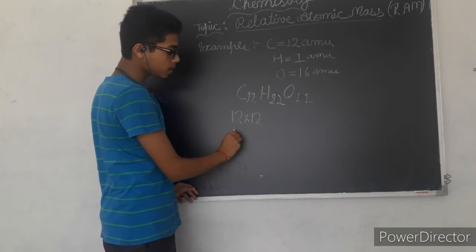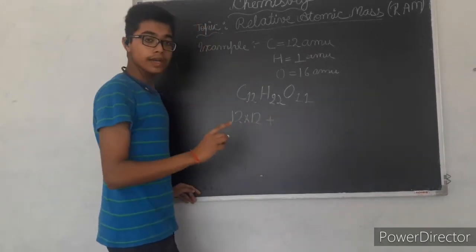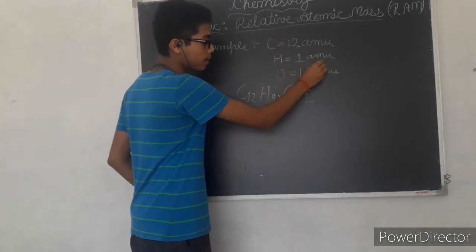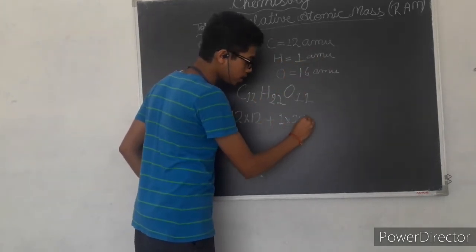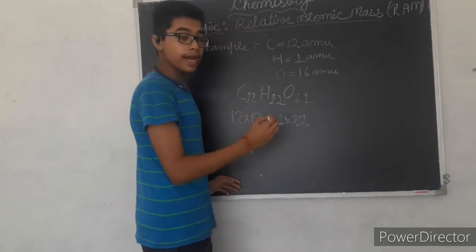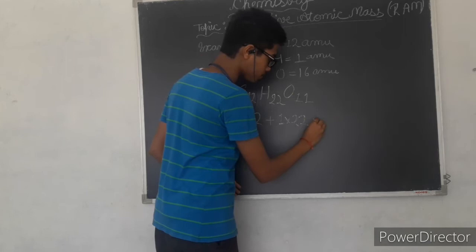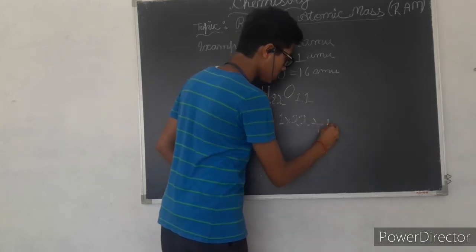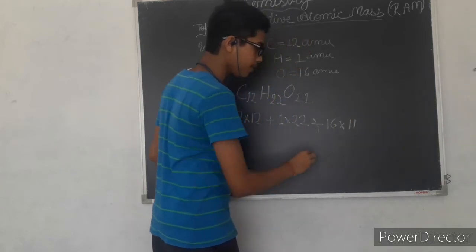So for 12 atoms it will be 12 into 12. Then we will add. For one atom of hydrogen it is 1 AMU. For 22 atoms it will be 1 into 22. For one atom of oxygen it is 16 AMU. For 11 atoms it will be 16 into 11.